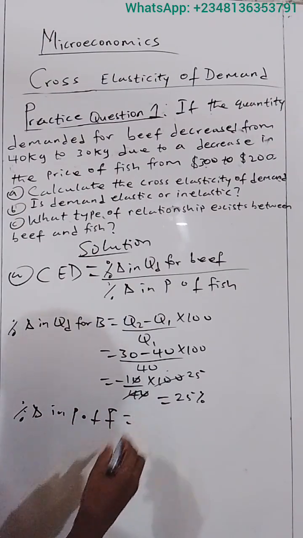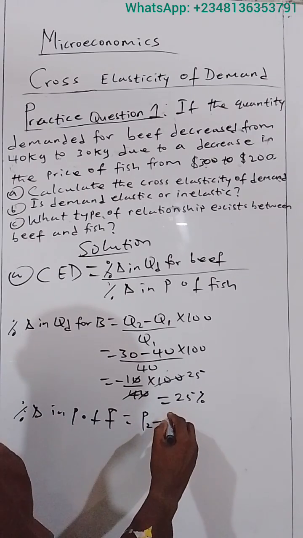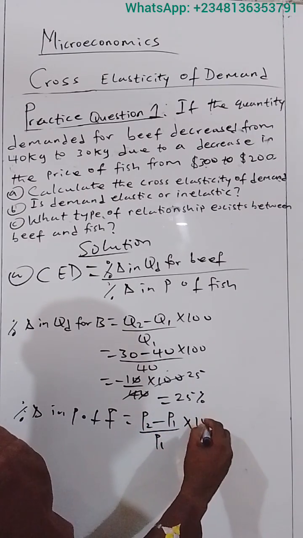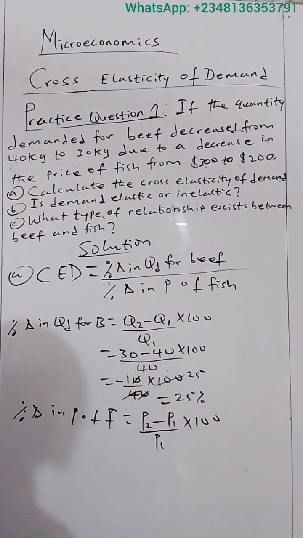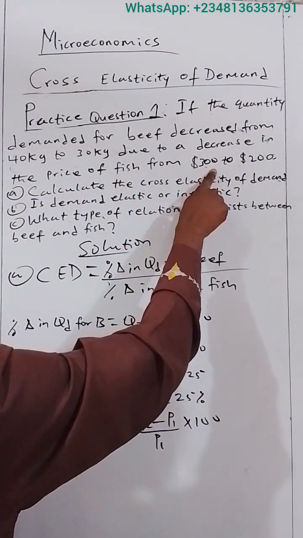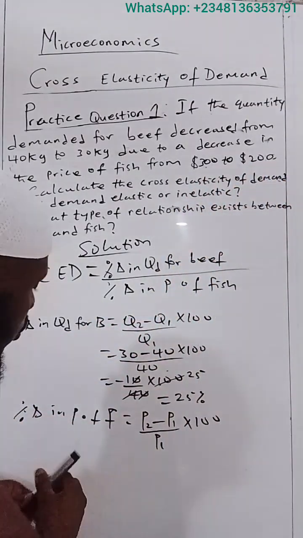It is equal to the new price of fish minus the initial price, divided by the initial price, multiplied by 100. From this question, a decrease in the price of fish from $300 to $200, so the new price is 200.